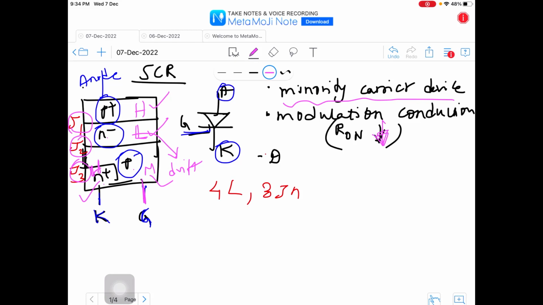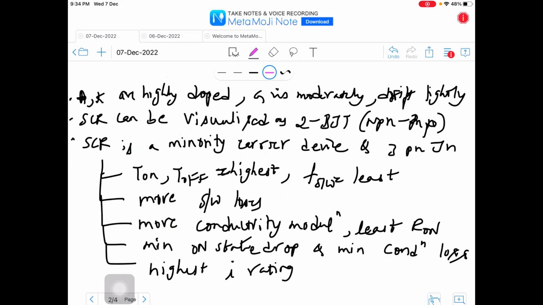The on state resistance reduces, and therefore this layer helps for modulation conduction. That is, conduction is modulated because since it is lightly doped, more electrons and holes will have the space to exchange. Okay, so anode and cathode are heavily doped, gate is moderately doped, and drift layer is lightly doped.